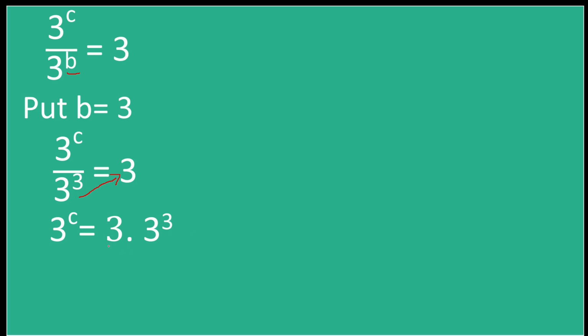And according to the exponent rule, we can write this as 3^c equals 3^4. Why? Because this is 3^1 and 3^3. According to the exponent rule, when we have the same bases, we can add their powers. So 1 plus 3 equals 4.